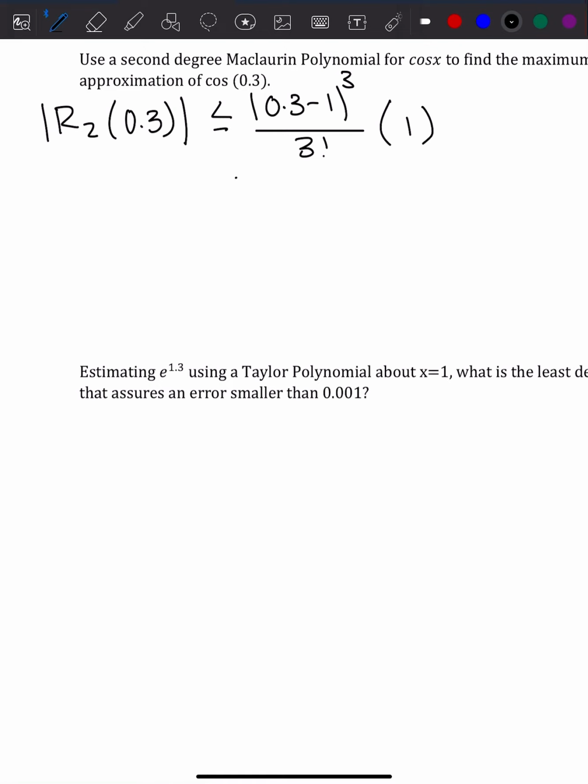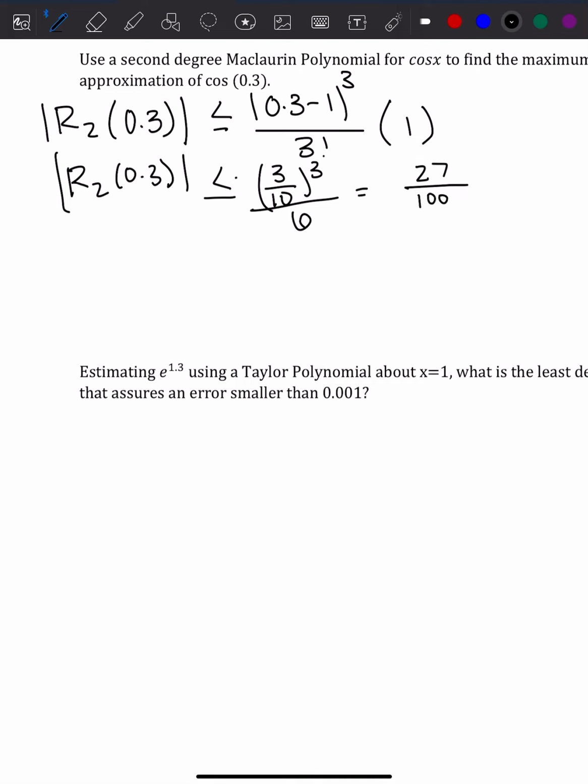So we have that this is equal to 0.3 minus 0 is still 0.3. 0.3 is the same thing as 3/10, so I have 3/10 cubed. 3 factorial is 6, and times 1 doesn't matter anymore. 3 cubed is going to equal 27 over 1,000.